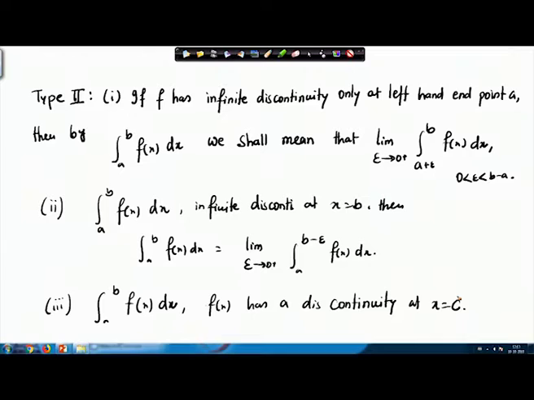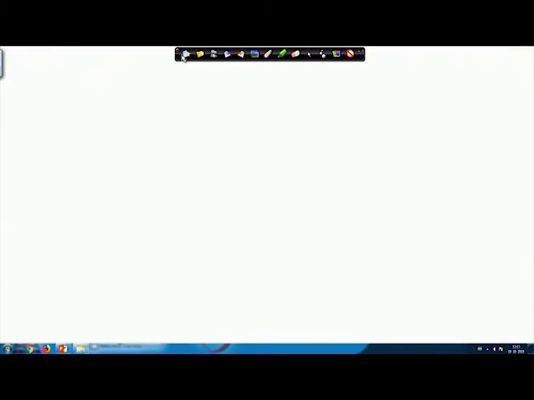So that means in between that interval a to b there exists a point c where the function is not continuous, and then we will write the integral a to b f(x) dx as the integral a to c f(x) dx plus the integral c to b f(x) dx, like we did for the limits where both the limits were infinite.